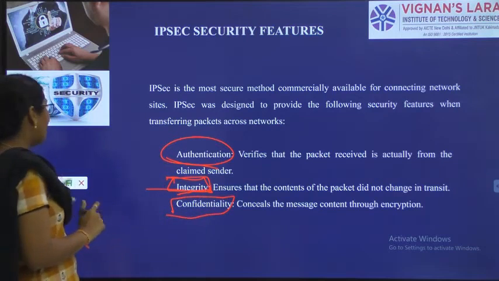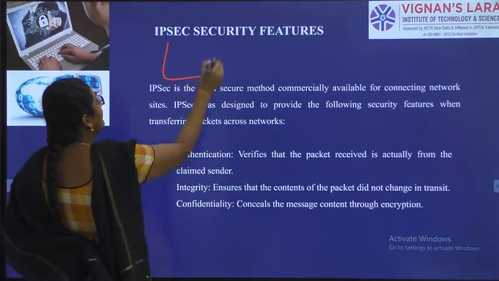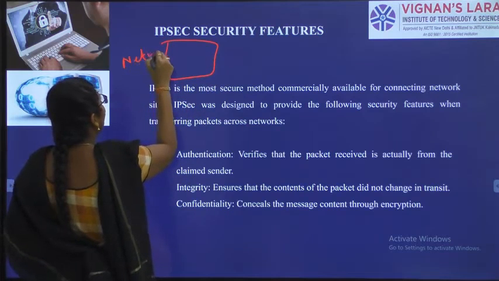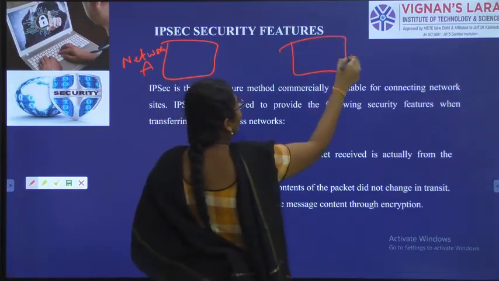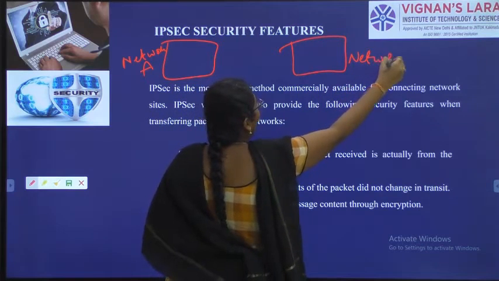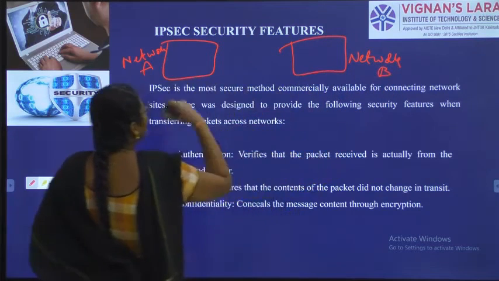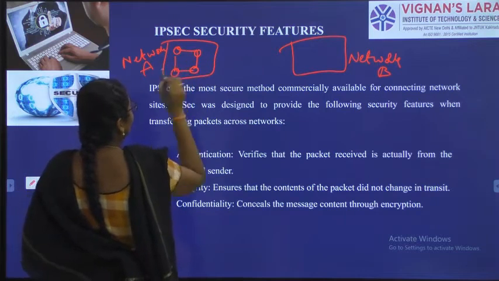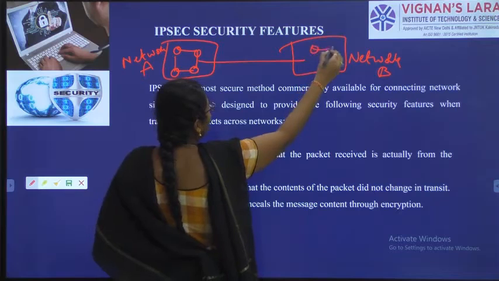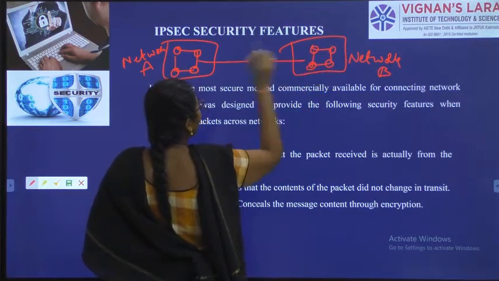So I wanted to tell you, this is network A. This is network B. In network A we have so many systems. In network B also we have so many systems, so many people.